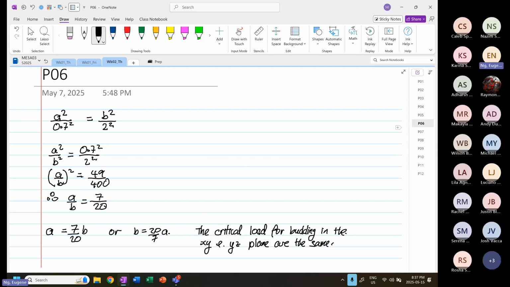This is how we define the most efficient design.